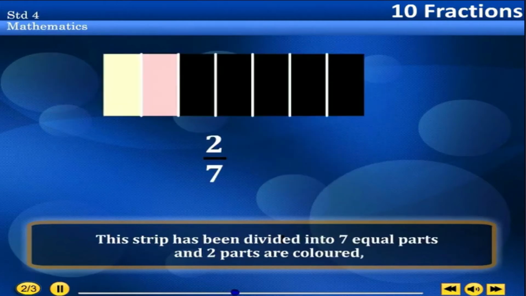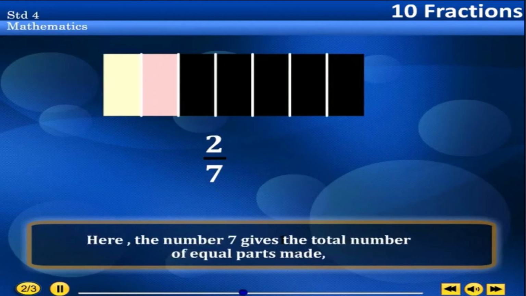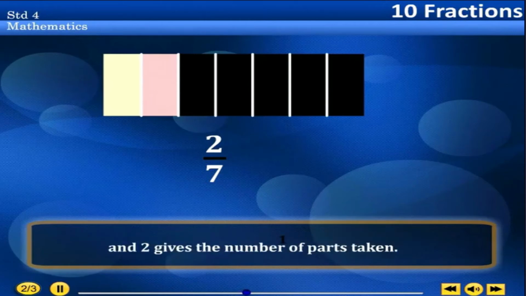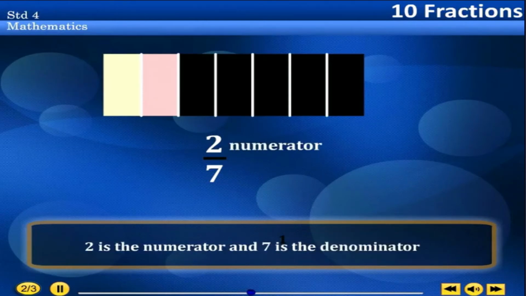This strip has been divided into 7 equal parts and 2 parts are colored, which means 2 upon 7 of the strip is colored. Here, the number 7 gives the total number of equal parts made, and 2 gives the number of parts taken. In the fraction 2 upon 7, 2 is the numerator and 7 is the denominator.